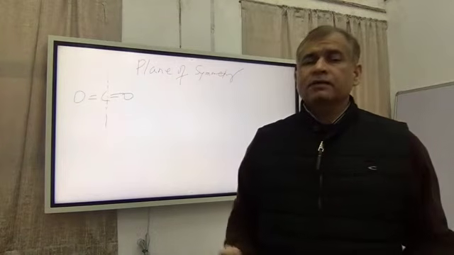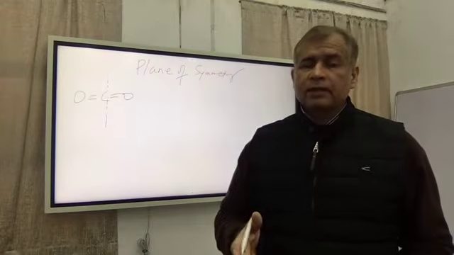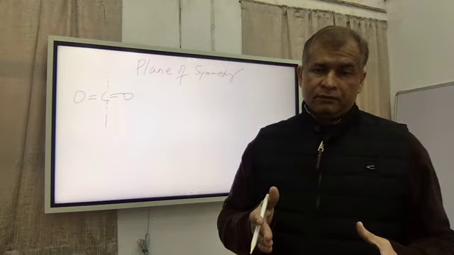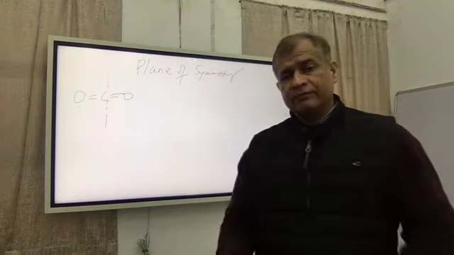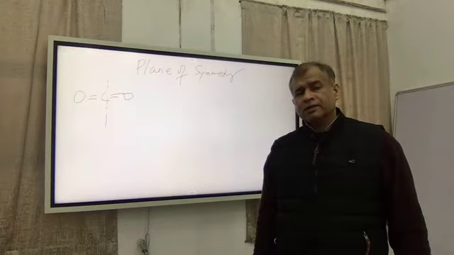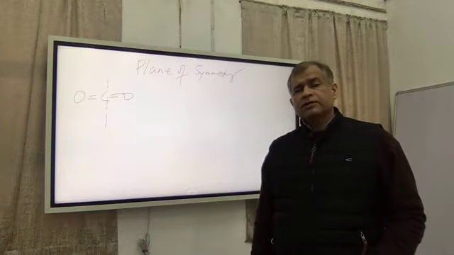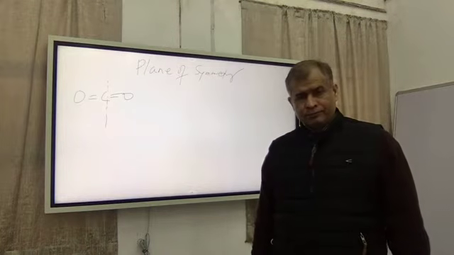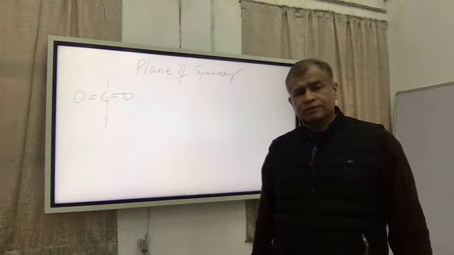And what is a mirror plane of symmetry? If you put a mirror plane, then the image of this half will be exactly the second half. That's the definition of a mirror plane of symmetry. Also we can say that it is a plane which exactly divides the body into 2 equal halves. That is the situation here.